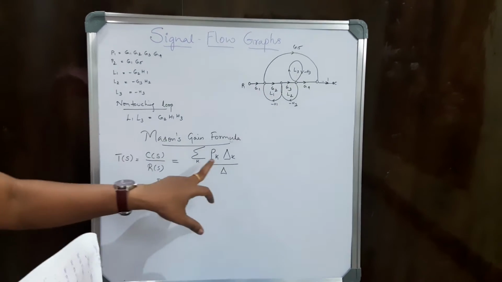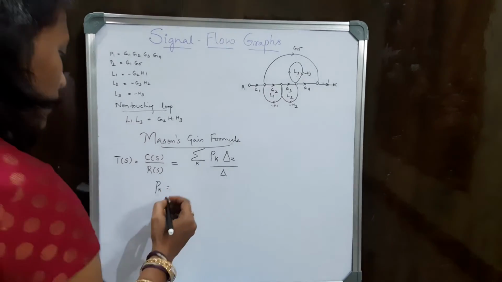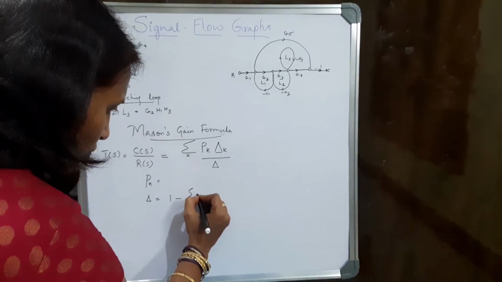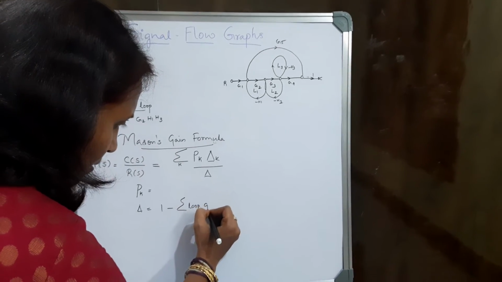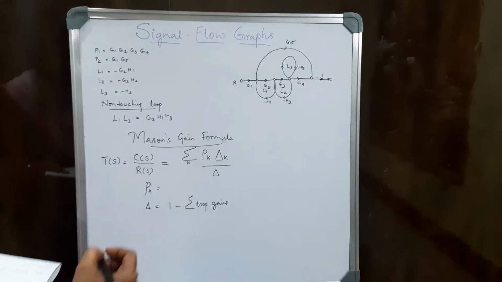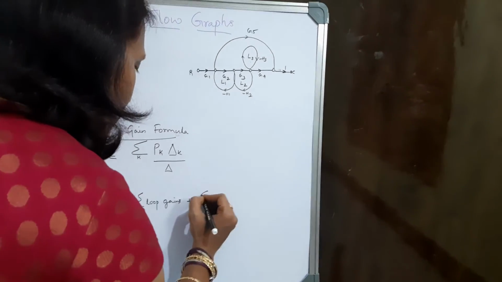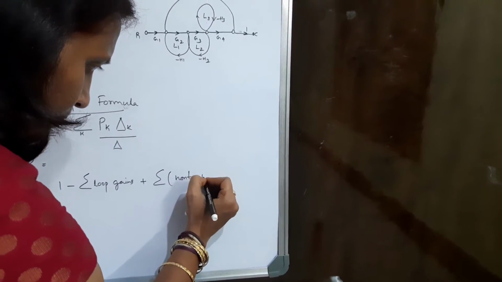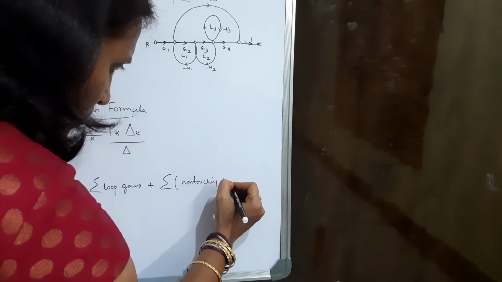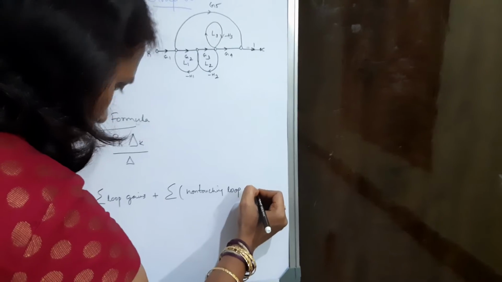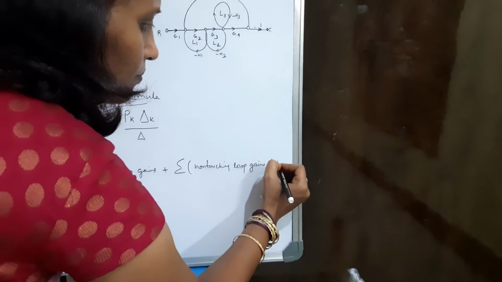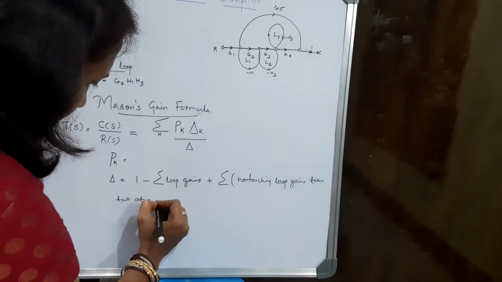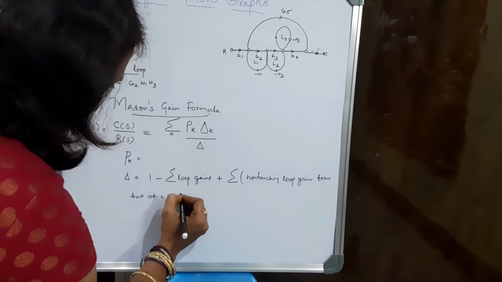Now delta, this delta is given by a formula. Delta is given by the formula 1 minus summation of loop gains plus summation of non-touching loop gains taken 2 at a time.